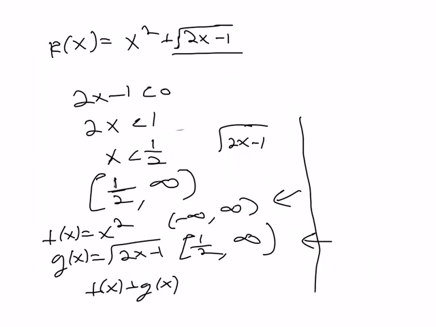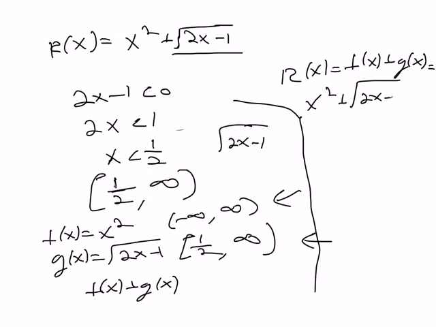And so we can conclude that r of x, which is equal to f of x plus g of x, which is equal to x squared plus the square root of 2x minus 1, is continuous and defined on the interval from a half to infinity. That's the solution to problem 23.